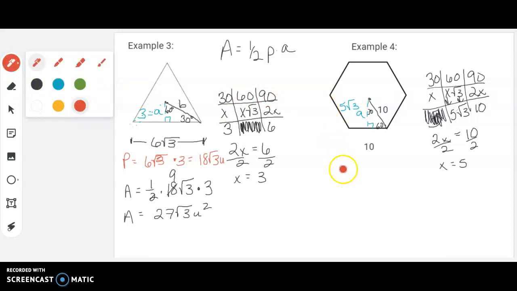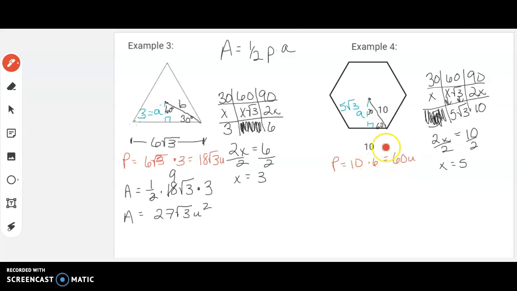Now my perimeter, I have a side length of 10, and I have 6 sides, so that gives me a perimeter of 60 units. Now I'm ready for my area. Area is equal to 1/2. My perimeter is 60. My apothem is 5 square root of 3.